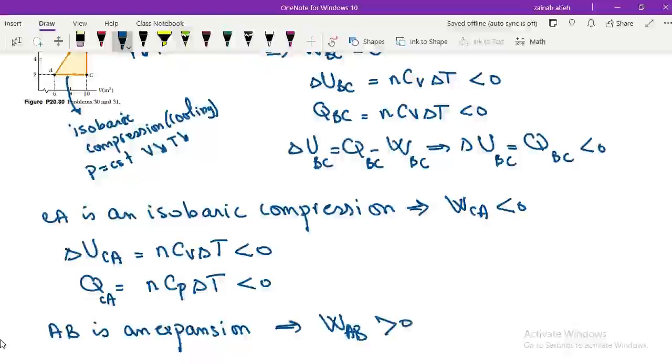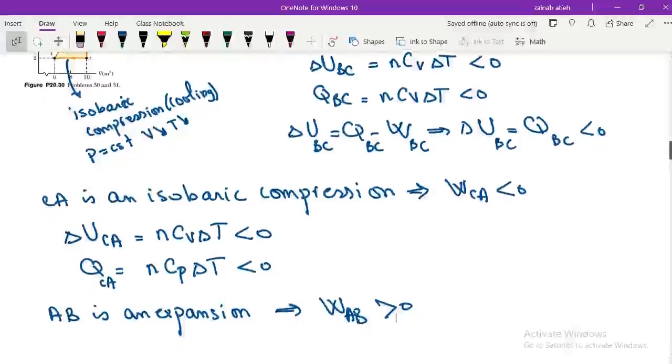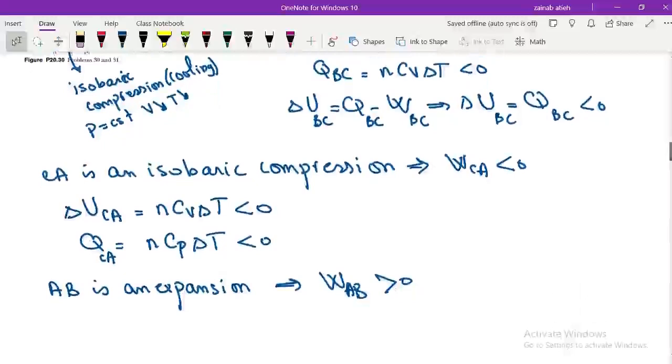Now for QAB and delta UAB, I have nothing in the shape of a formula, because it's not a known process, so I will use the method of a cycle. I will try to use the cycle because it's easier.